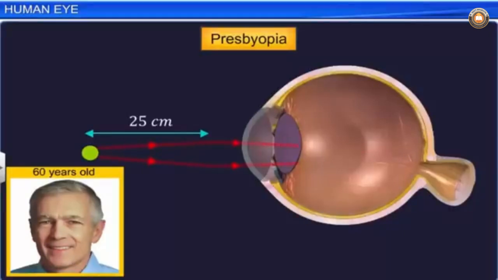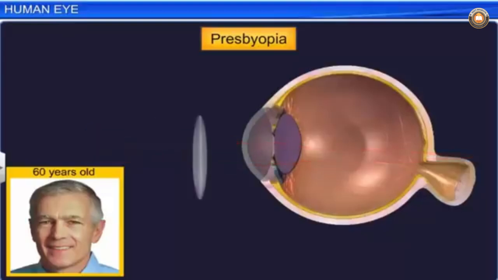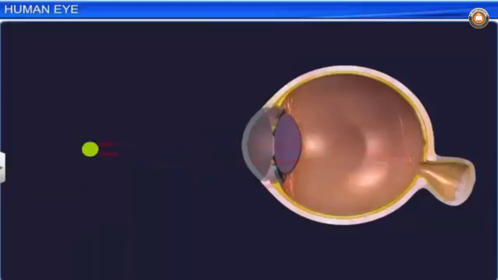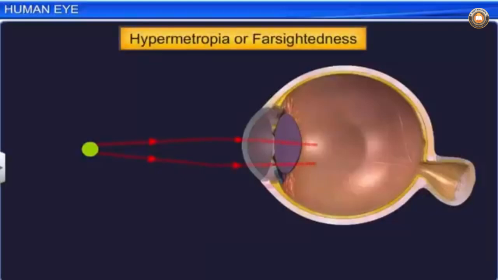Another vision defect that is similar to presbyopia is hypermetropia, or farsightedness. Note that presbyopia is caused by old age, whereas hypermetropia is a vision defect that can be observed in persons of any age. A person suffering from hypermetropia will have normal vision when looking at objects at the far point.